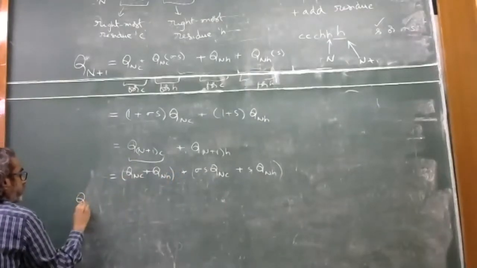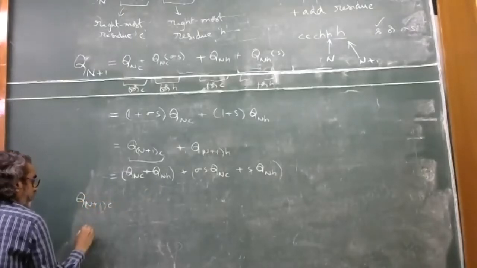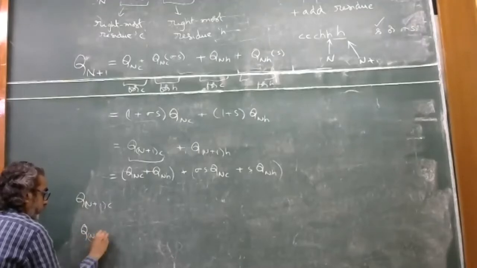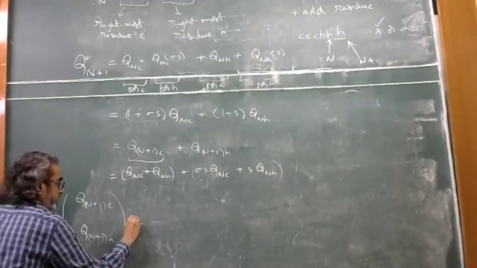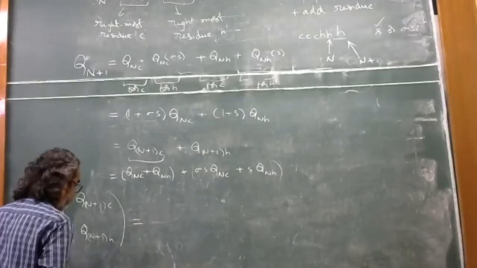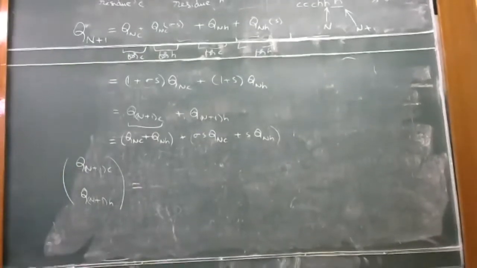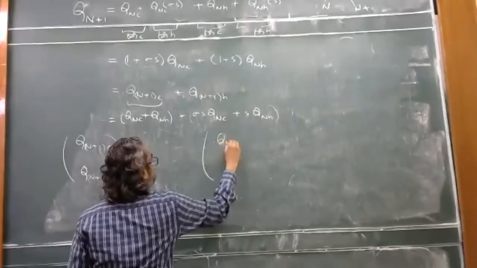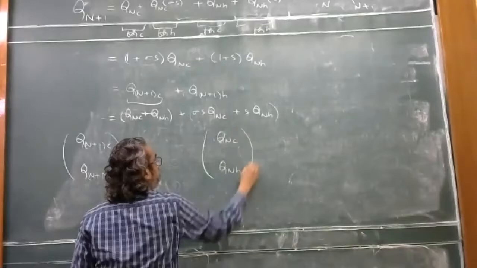So you write Qn plus 1 C and Qn plus 1 H as a matrix. So this is basically a 1 by 2 matrix. Then you can write this in terms of QnC and QnH.